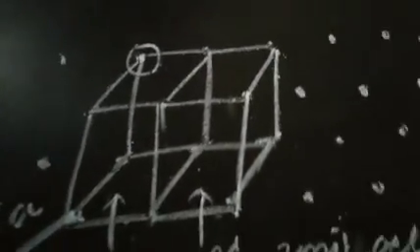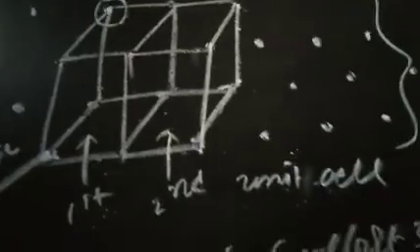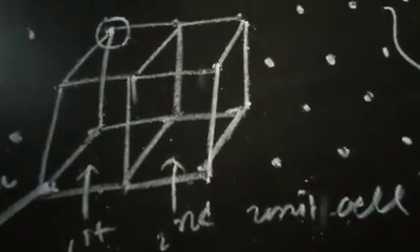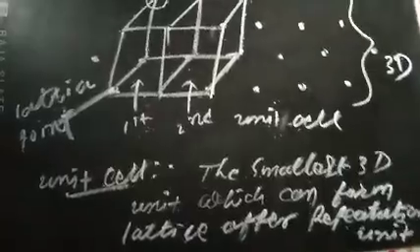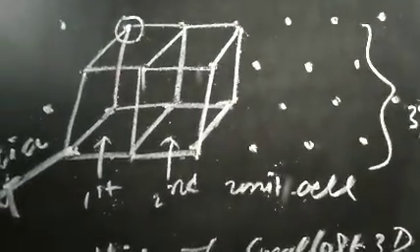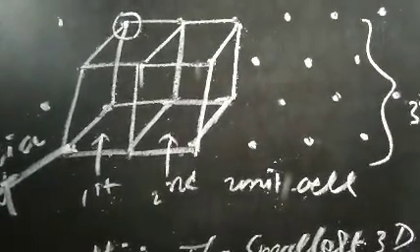Okay, so here this center point of atom, we arrange atoms like that at every corner. Okay, so now we learn different types of unit cell. And we learn them one by one.